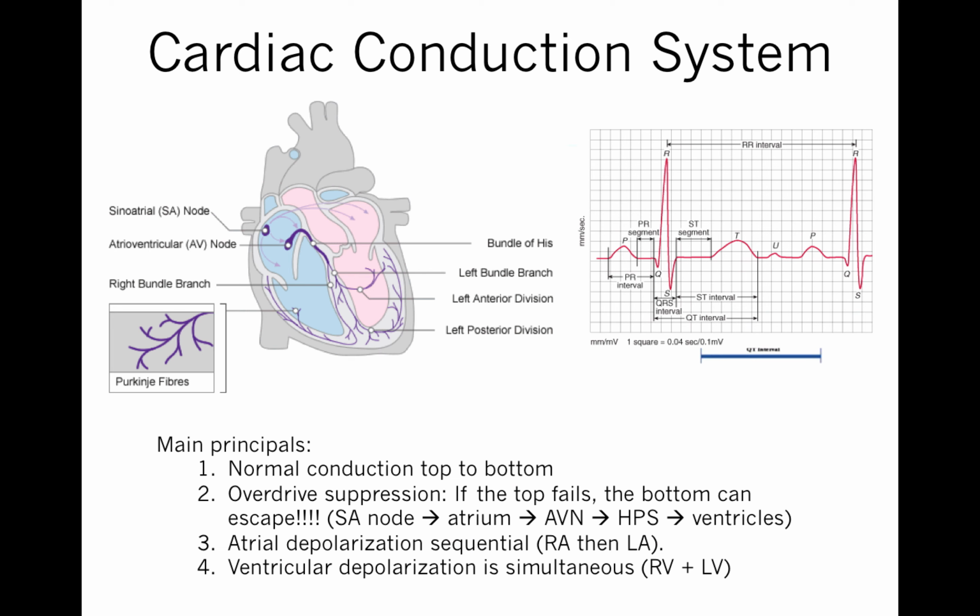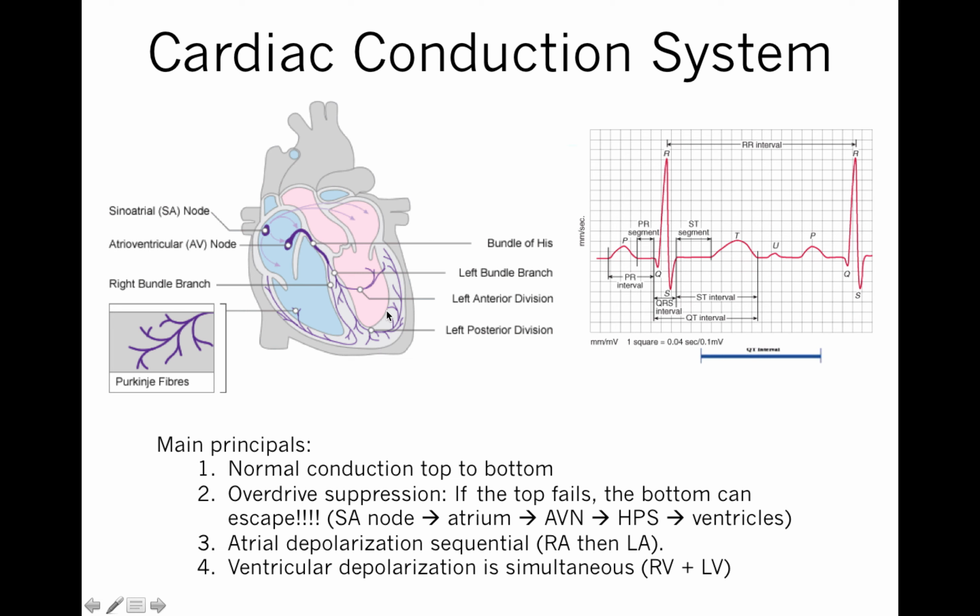There are some main principles to the conduction system, and I'll try to explain them in this important slide. First, the sinus node will depolarize, resulting in depolarization of the right atrium followed by the left atrium. Atrial depolarization is seen as the P wave on the ECG. Then there is a delay in the AV node like we discussed, and that results in the PR interval.